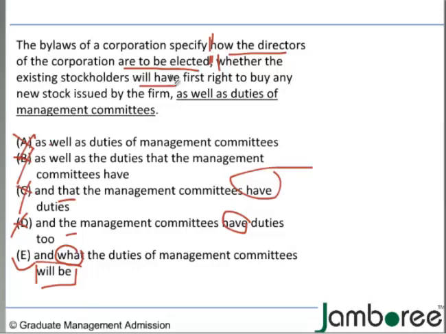If one part is present, the other two will also have to be present. Remember this. There are not many questions where this rule is used in the official guide. But on the day of the exam, if you are getting stuck on a parallel construction question and are not able to decide which one to go with, then as a last resort, check for the tense also. Everybody understood the tense part?